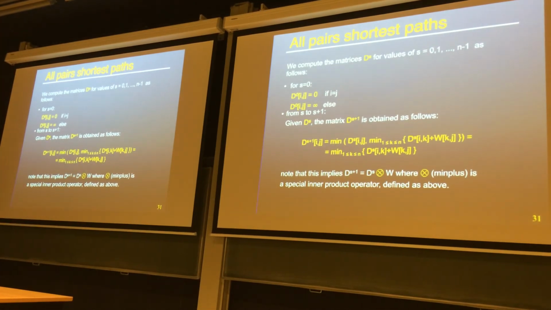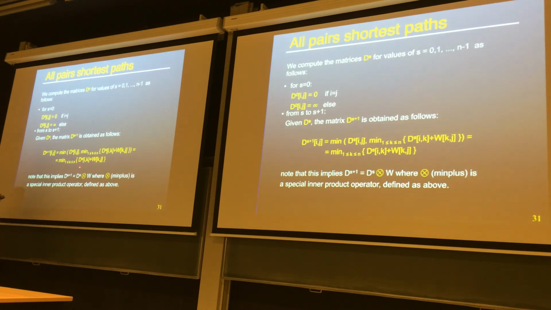You know that in standard matrix multiplication, an inner product operation is a plus that reduces a set of multiplications. Here it is a minimum that reduces a number of pluses.